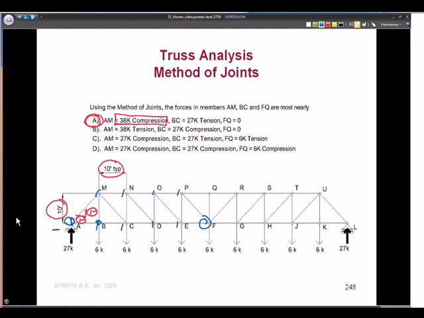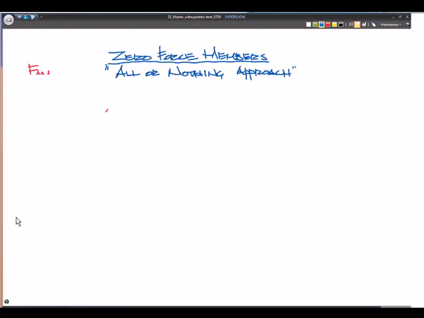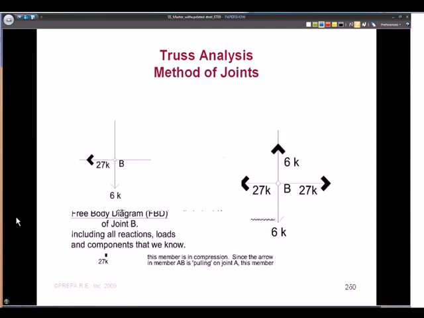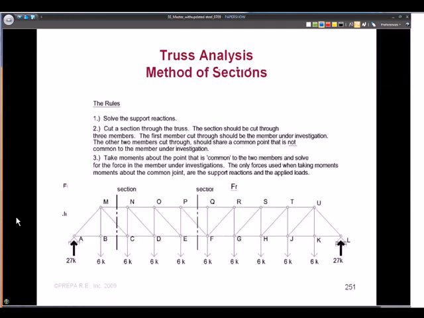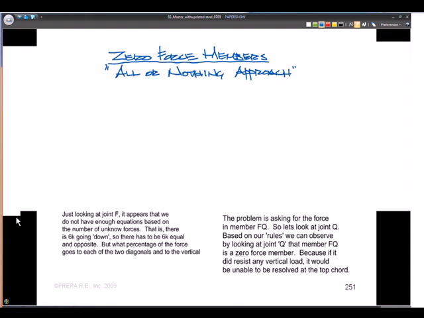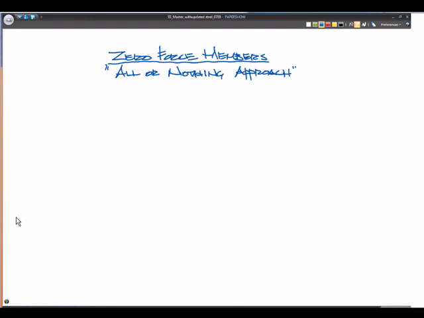And so with joint F, let's see what we have there. Okay. Let's draw a free body diagram of joint F and see if we can figure this out without doing all those method of joints.